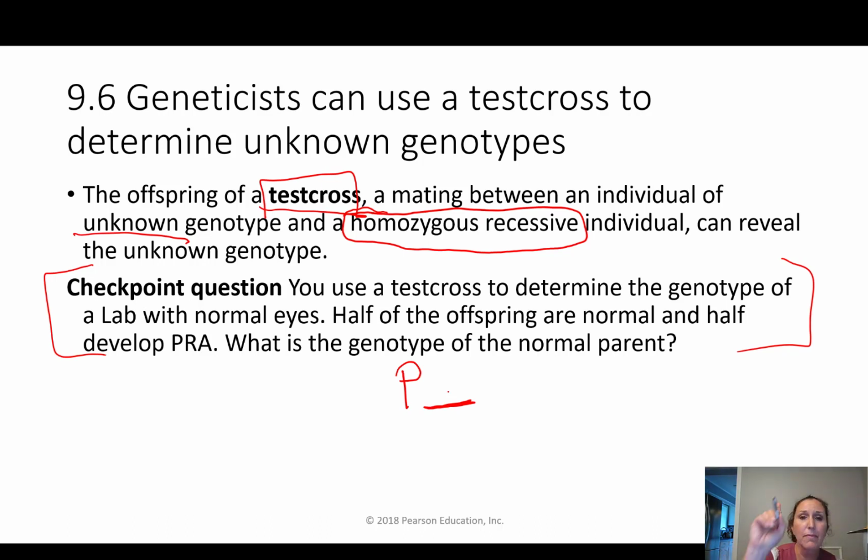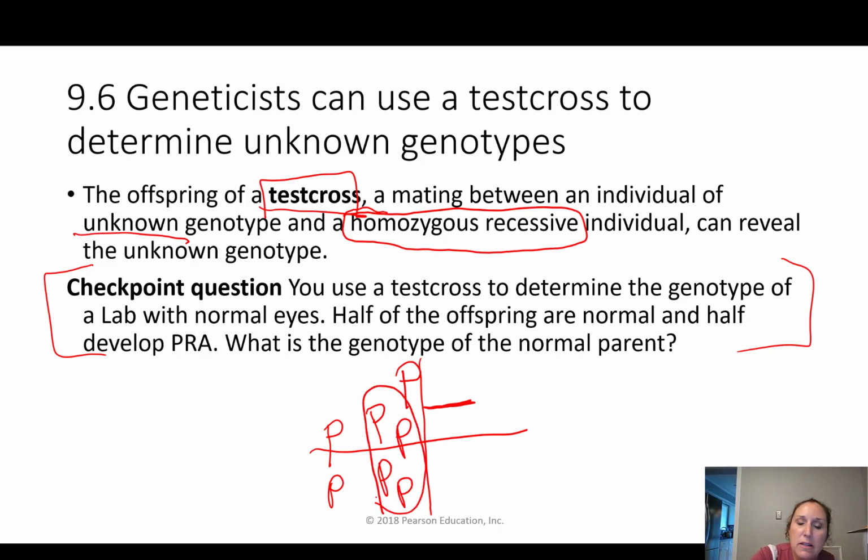However, if we mate this plant with a homozygous recessive, so a white flower with little p's, then we know that we should get at least 50% of them purple. Now, if this is a big P, so this is a question mark, if this is a big P, then they're all going to be purple, right?